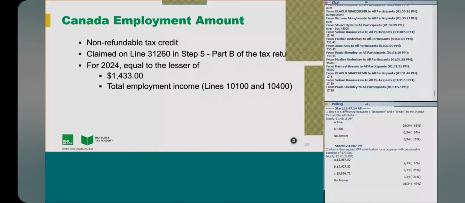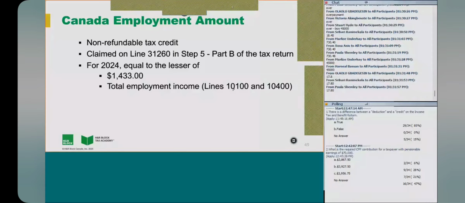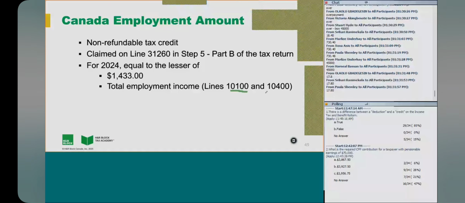non-refundable tax credits. So the first one is the Canada Employment Amount. This was brought in the mid-2000s. And this is only for people with employment income. So it is based on your income on lines 10100 and 10400 only. So that is employment income and other employment income.